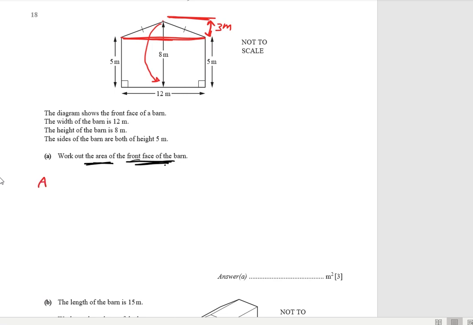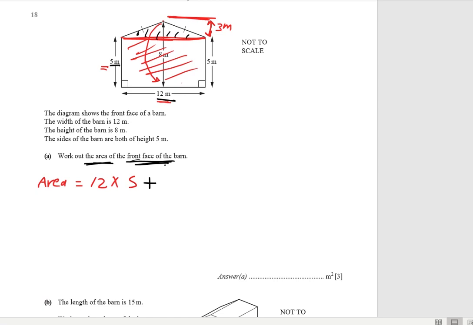So the area will equal the first area, which is this rectangle, 12 multiplied by 5, plus we have here a triangle.